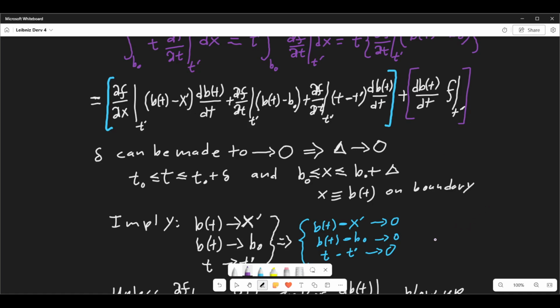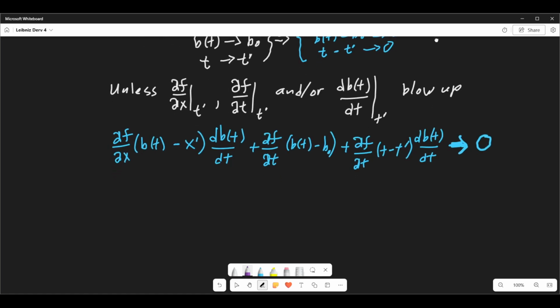So what it turns out is this is the only term that actually matters. So this is dB with respect to t, and it's going to be evaluated at t prime times f evaluated at x prime, t prime.